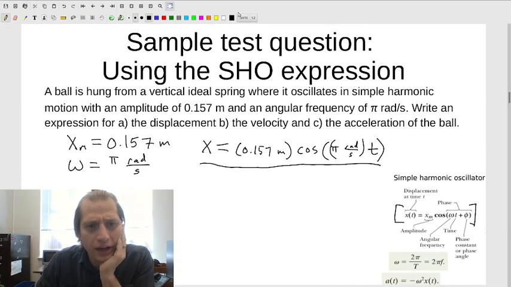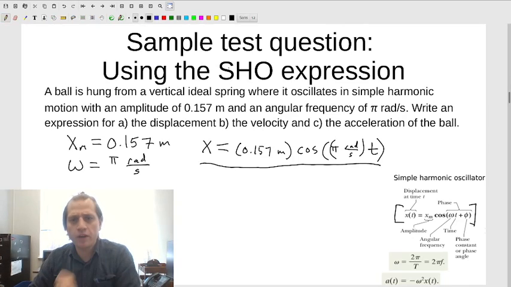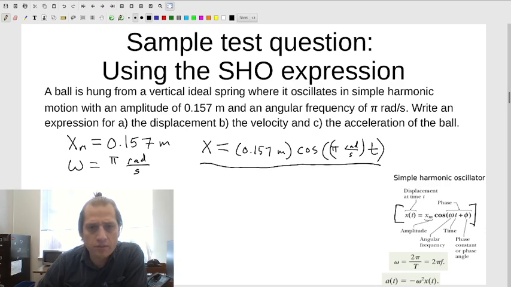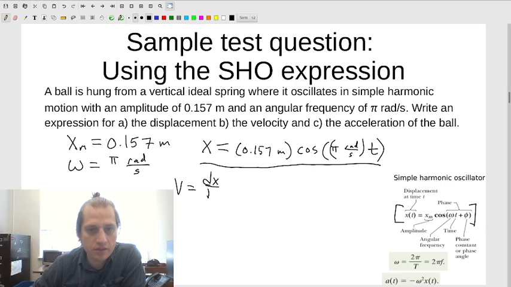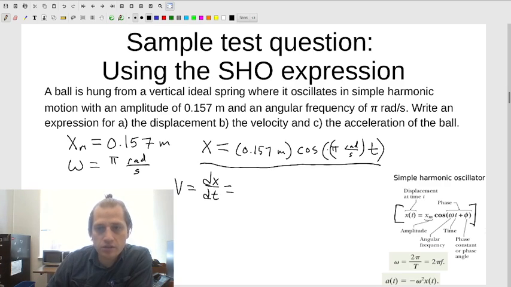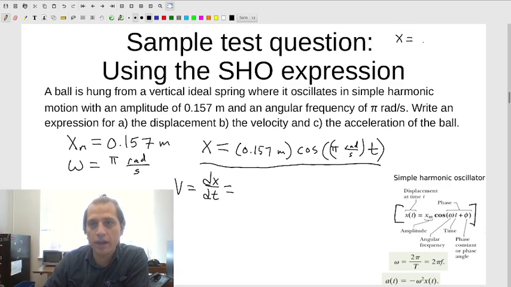Okay, so we have the displacement. If we want to find the velocity and the acceleration of this ball, we can find that by just taking the derivative. So my velocity for the ball would just be dx/dt. And sometimes people have trouble doing this when you have numbers in here, but it's really just the same as when you had x equals xm times cosine omega t.